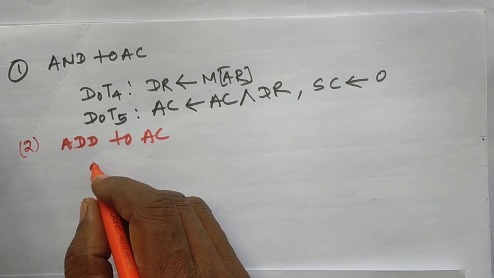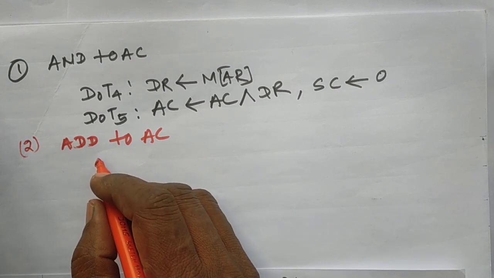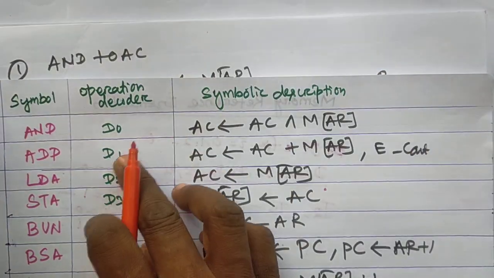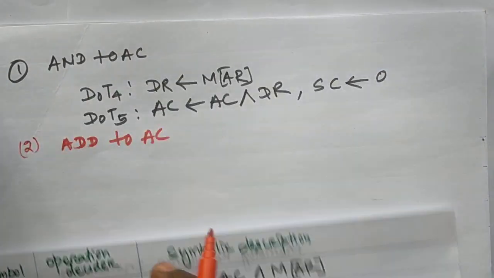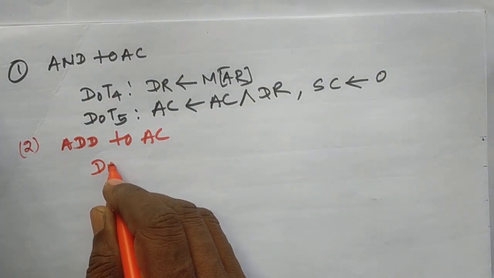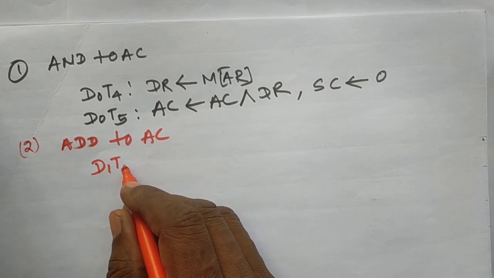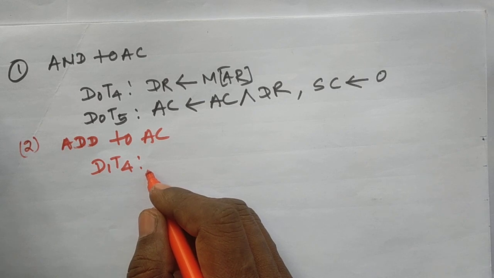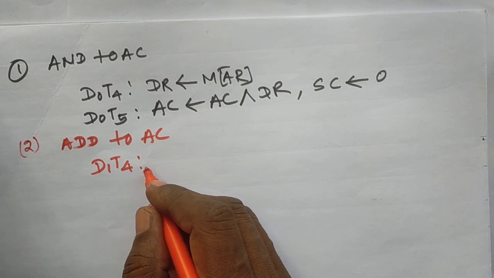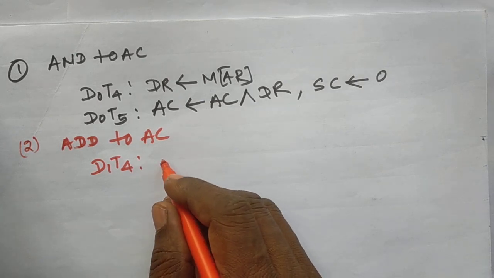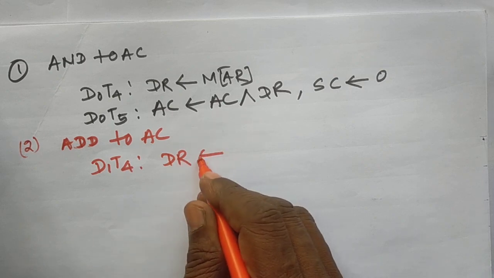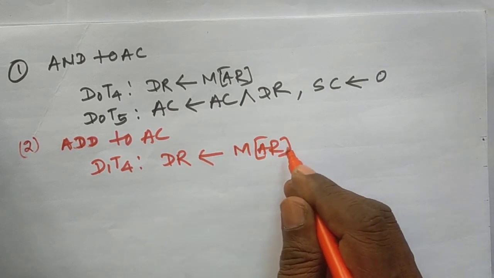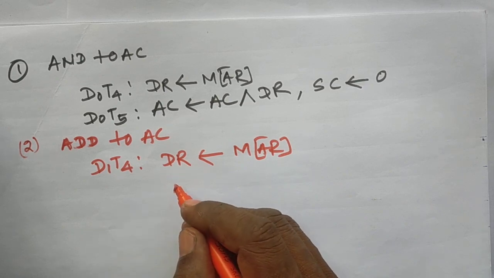Here, same thing, we write D1, because it is the D1 operation, so we use D1. D1 and similarly T4, because it executes in the same time slot: D1 T4. In this case, DR receives the memory data from AR.